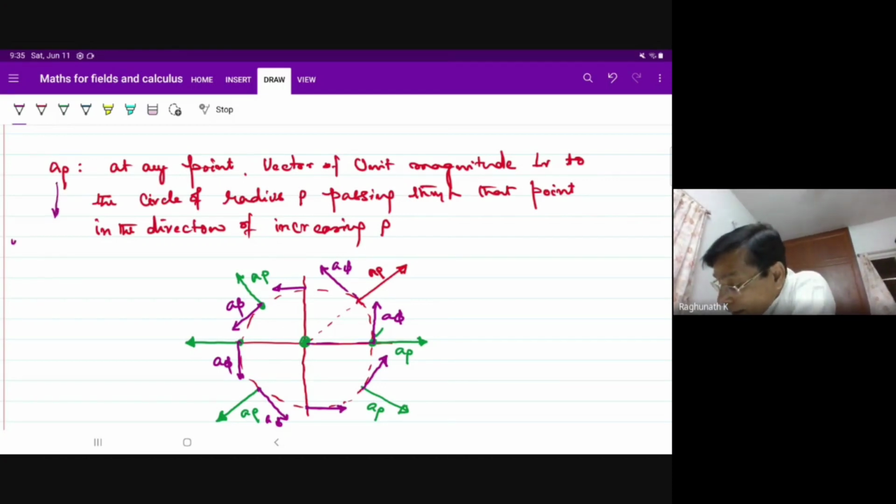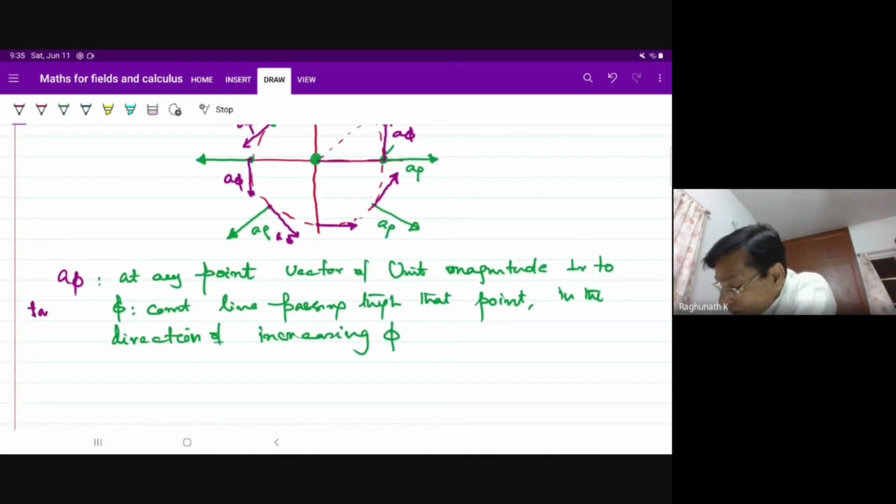This is the radial direction. What is this? Tangential. Perpendicular to the radial line is tangential.